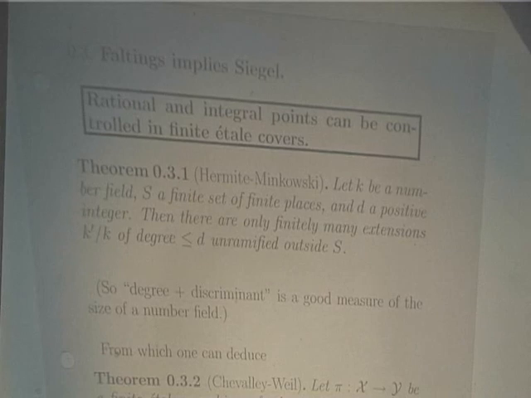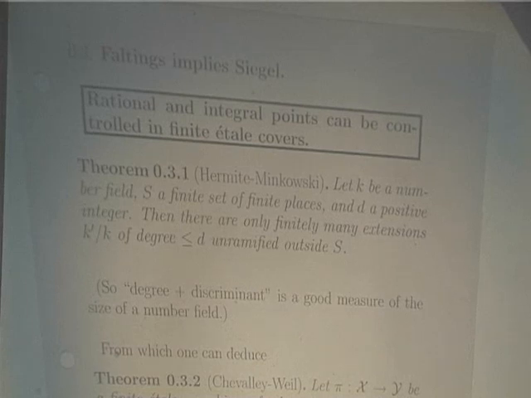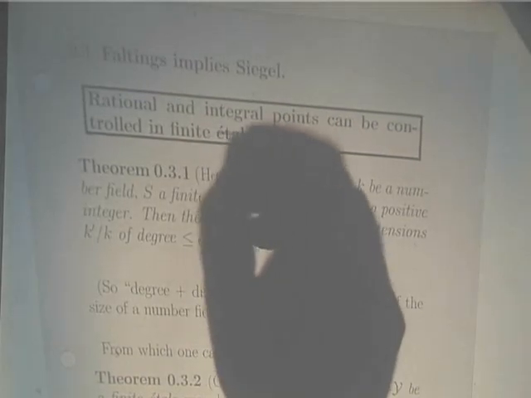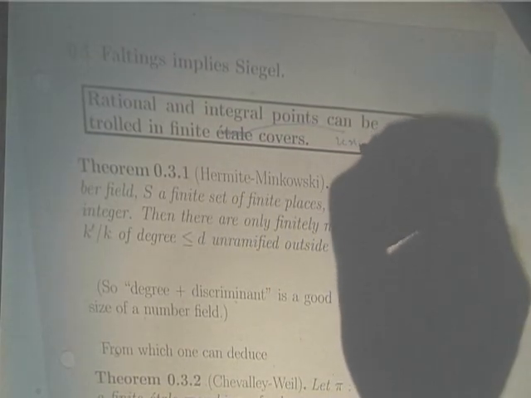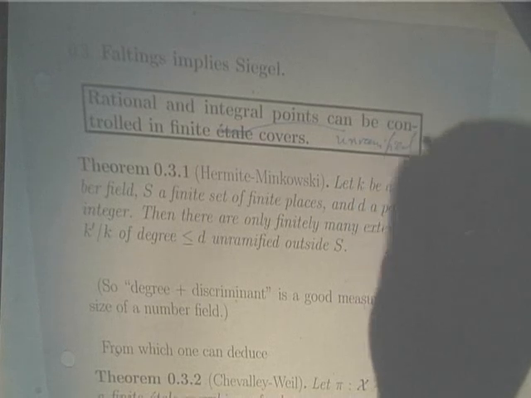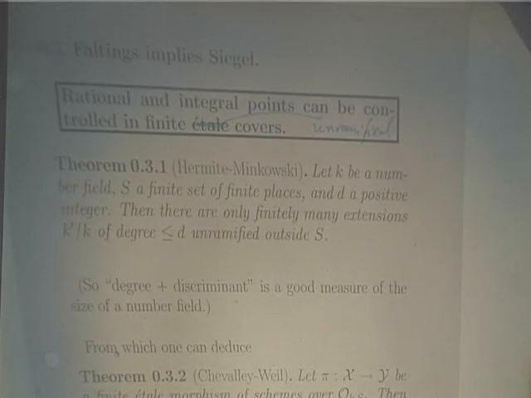The main point Darmon introduced last week for this purpose is the fact that rational and integral points can be controlled in finite étale covers, finite unramified covers. For number theorists I should use unramified, which is the same thing but has an older history in the number theory world.